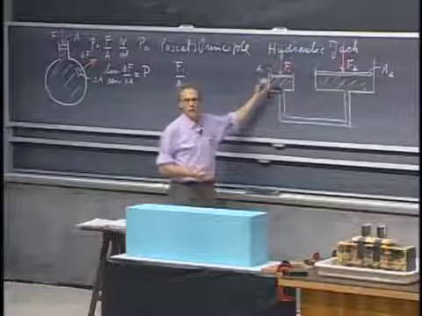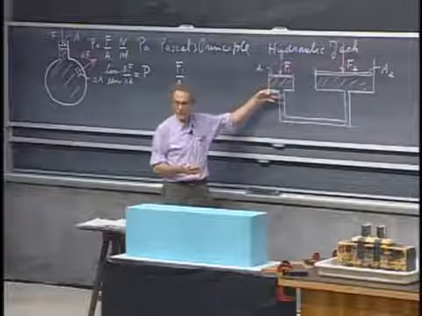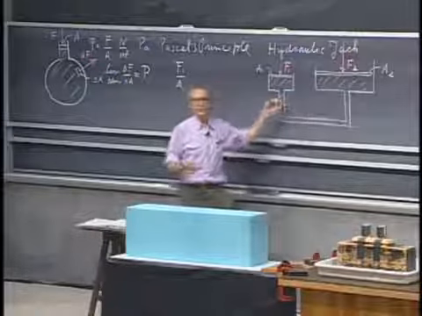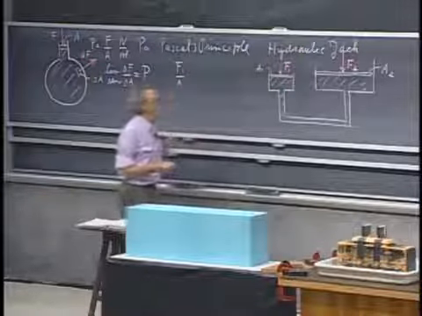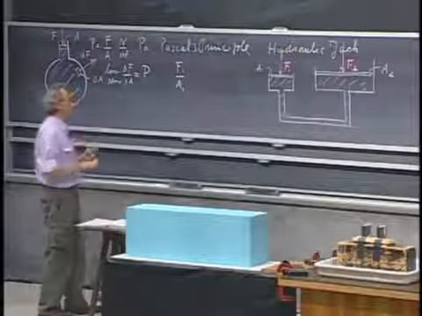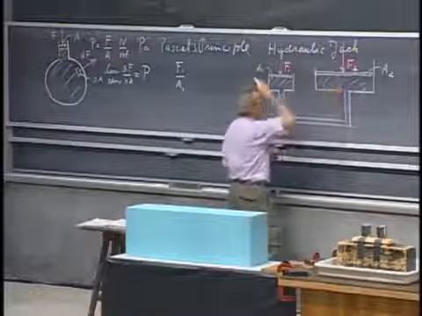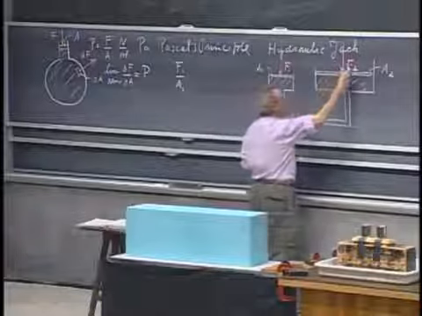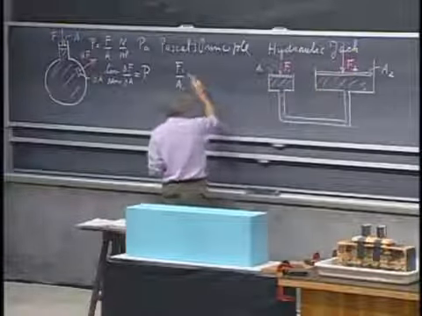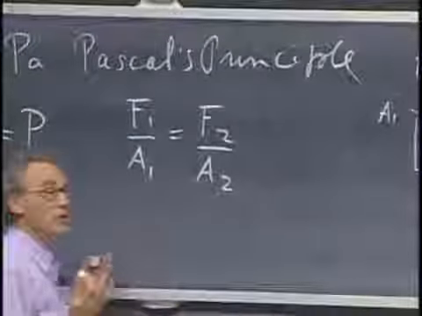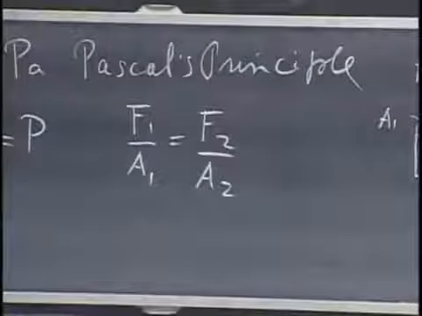For now, I just assume that the effect of gravity, which I will discuss shortly, doesn't change the situation very significantly. But I will address the gravity very shortly. So the pressure then will be the same everywhere, but the pressure due to this side is F2 divided by A2. And so the two must be the same if the liquid is not moving.